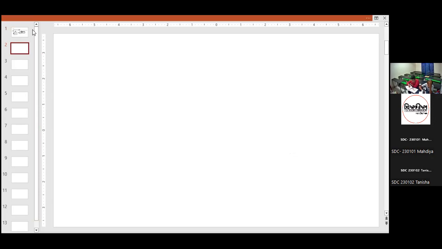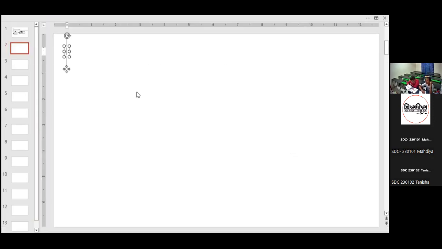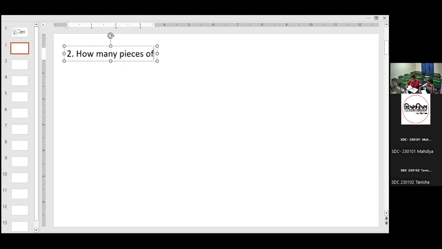So the second question ধরো আমাদের, if we how many pieces of paper of size 25 millimeter by, or okay, 25 millimeter will be tough for this.